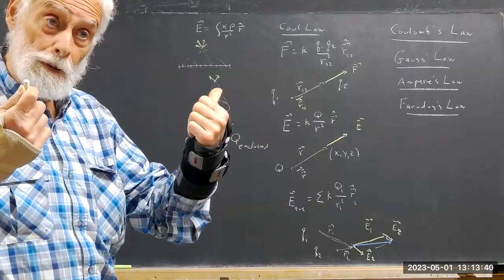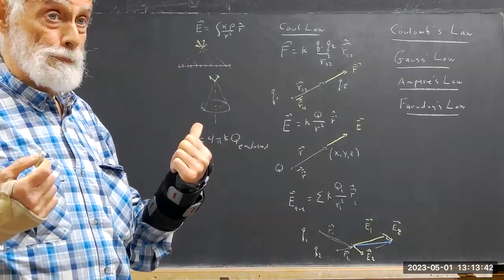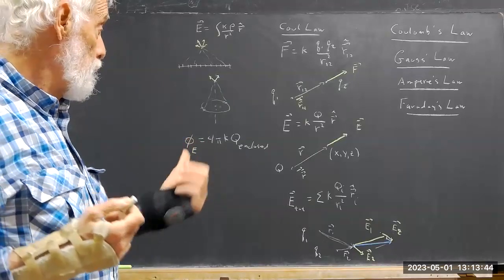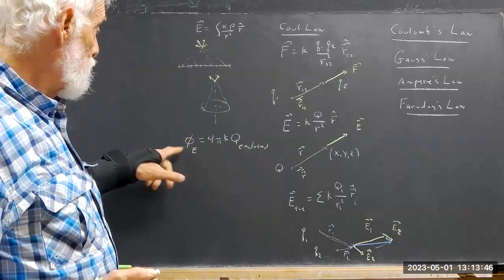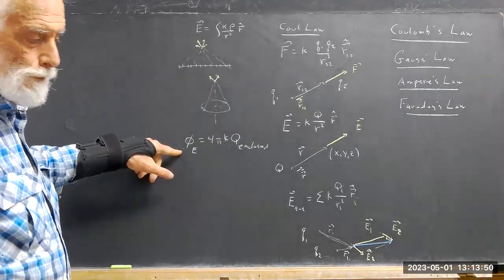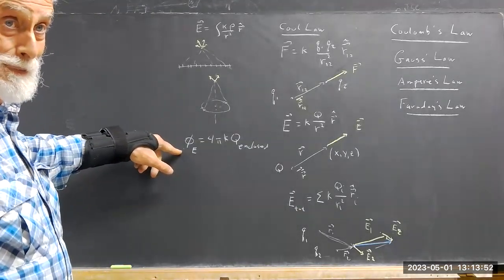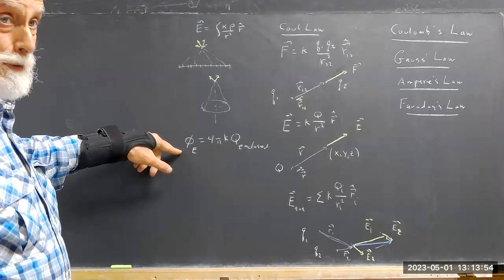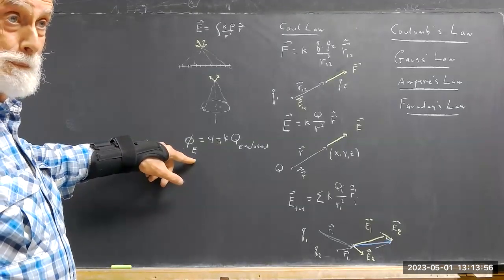The field is always perpendicular. So for a sphere, this comes out to 4 pi r squared, the surface area, times the electric field.